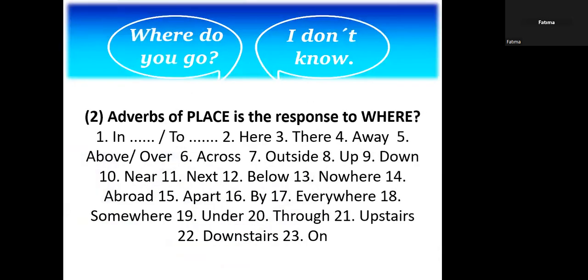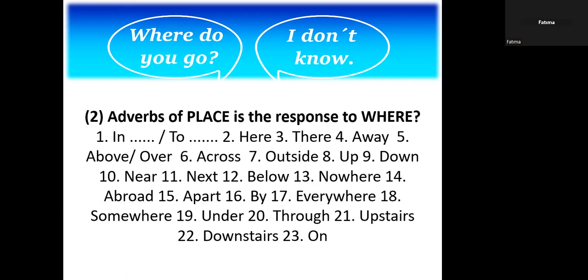Now, when we think or when we imagine adverbs, let not only adverbs of manner come to our mind, okay? There are also adverbs of place and adverbs of time. You know them, in fact.